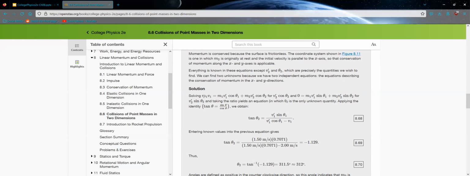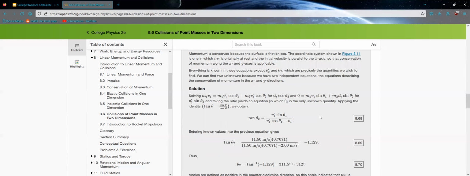So we can know that M1 V1 can be broken down into its x and its y's, with M1 V1 prime cosine and M2 V2 prime cosine for x's, and then sine for y's, right? So if we take all that stuff out there, we can start to rearrange our equations a bit to make them a little easier.